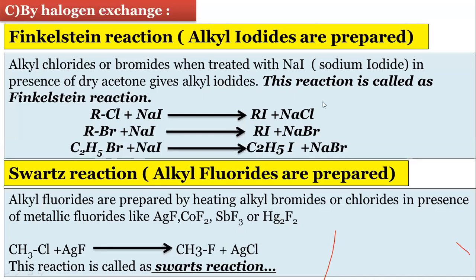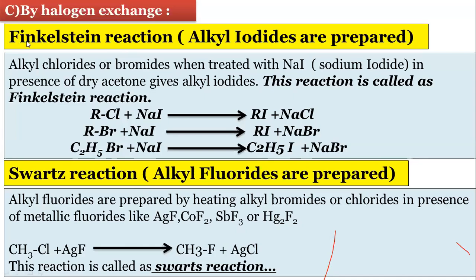Then the next reaction is by halogen exchange. The name itself suggests halogen is exchanged. There are two reactions, Finkelstein and Swarts reaction. In many previous board exams, these reactions are asked, so be careful and remember these reactions carefully. I will also give a hint on how to remember them. In Finkelstein reaction, the name starts with F, but Finkelstein does not give alkyl fluorides.